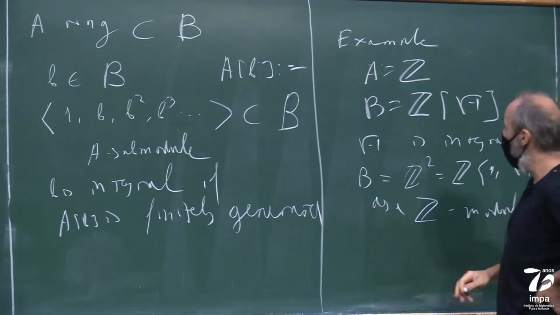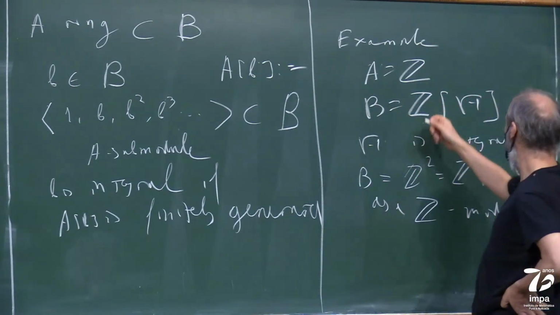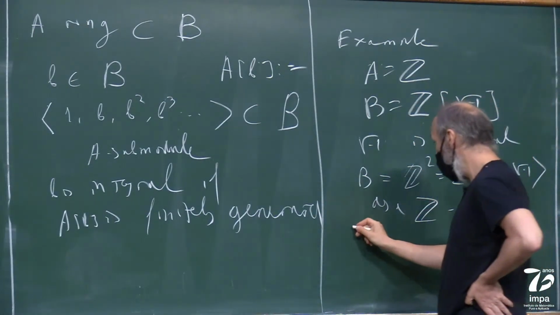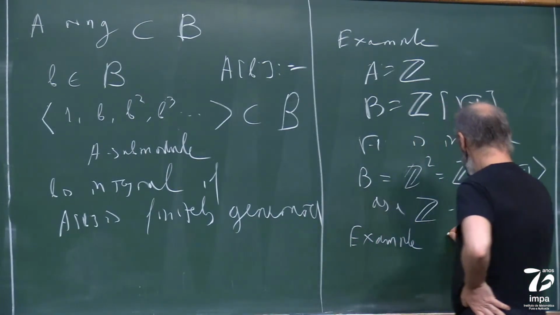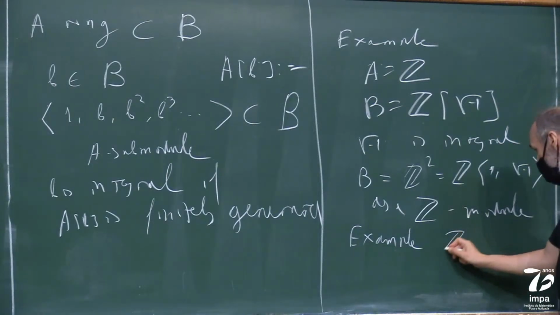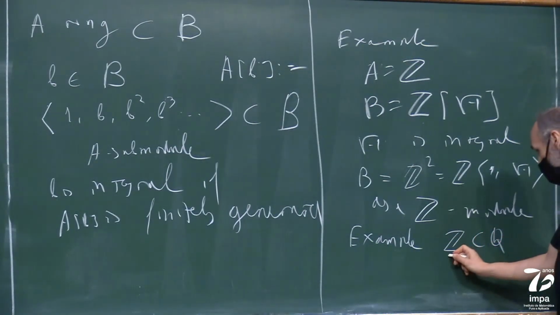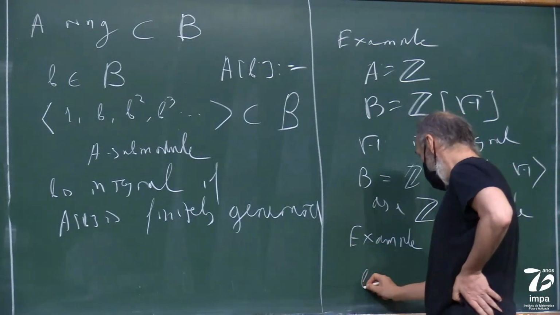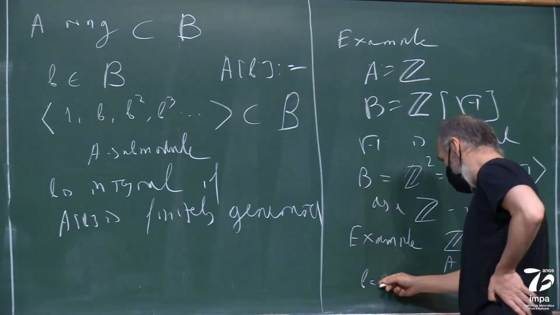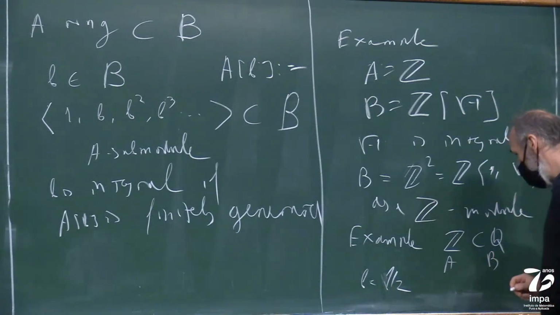This is an example of integral. And an example of non-integral is you take Z inside Q. So this is your A, this is B, and inside Q you take b equal to 1/2, a half.